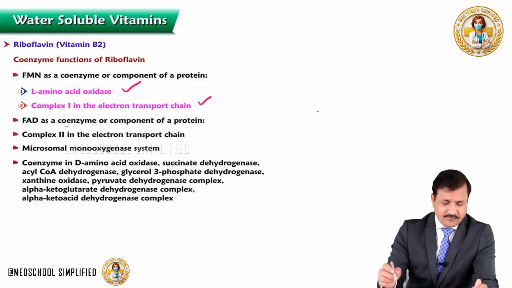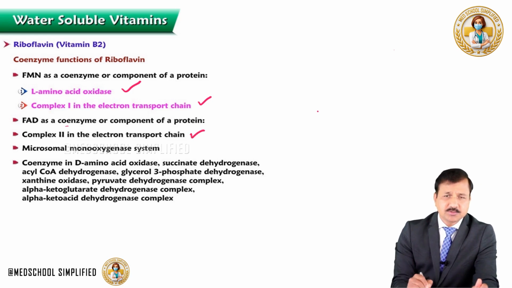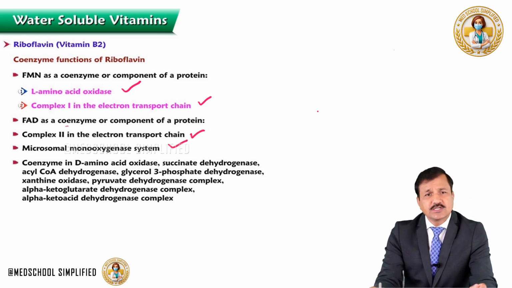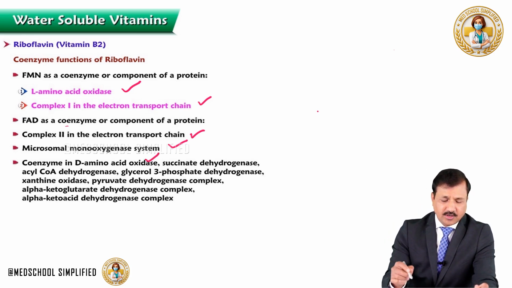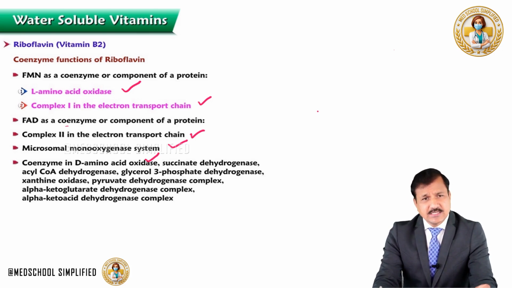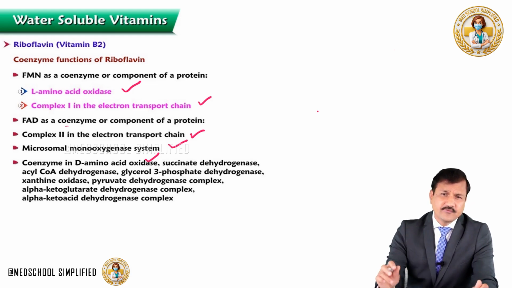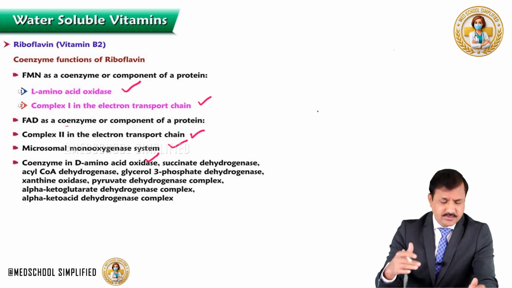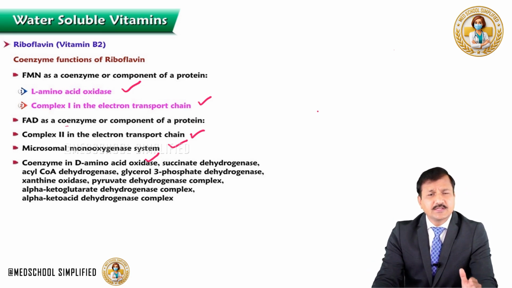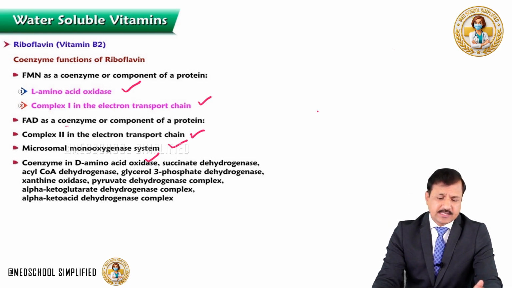FAD is necessary for complex 2 in the electron transport chain, the microsomal monooxygenase elongation system of enzyme, and FAD is the coenzyme for D-amino acid oxidase, succinate dehydrogenase, acyl-CoA dehydrogenase, glycerol 3-phosphate dehydrogenase, and xanthine oxidase, which is involved in uric acid synthesis, and then three complex enzymes: pyruvate dehydrogenase complex, alpha ketoglutarate dehydrogenase complex, and branched chain alpha keto acid dehydrogenase complex.